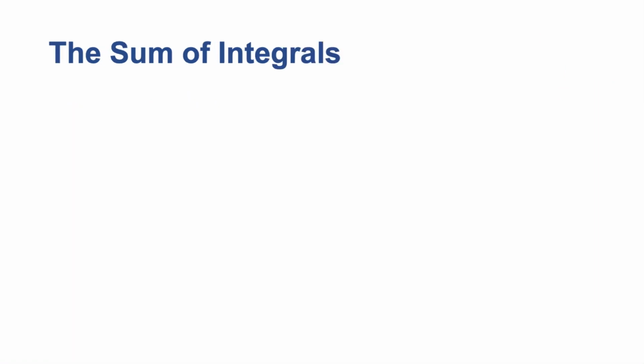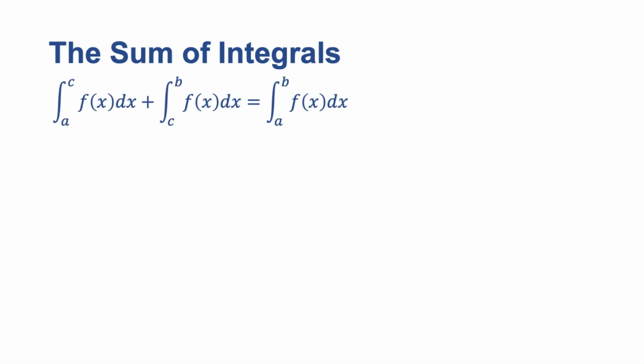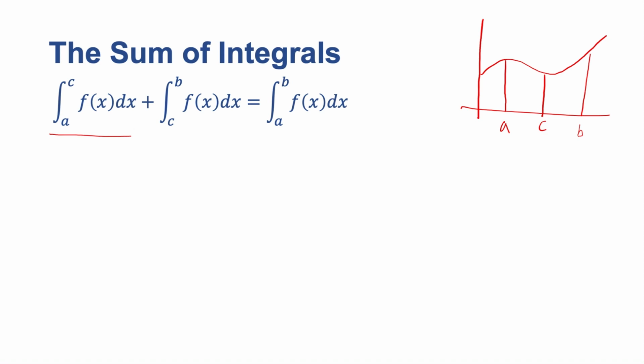All right, so now let's go over another property of integrals that we didn't go over in the last video. This is the sum of integrals rule. So this basically says that if I have a function that looks like this, so really any function, and I have my bounds a and b, and I have a new bound c, this rule says that this integral, plus this integral, is equal to this integral, which is all of this.